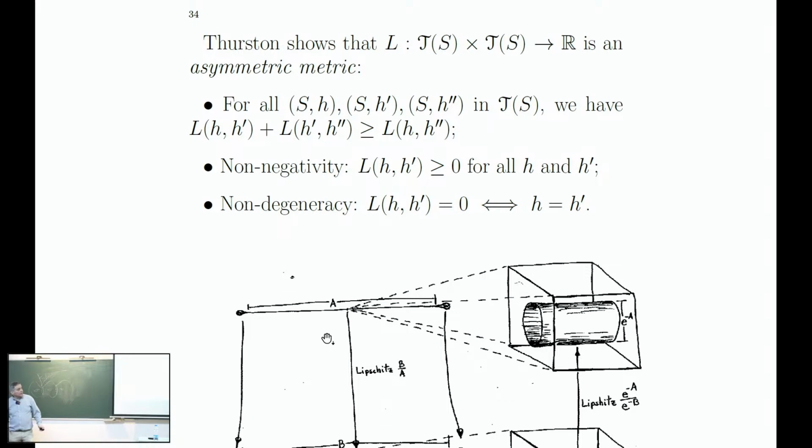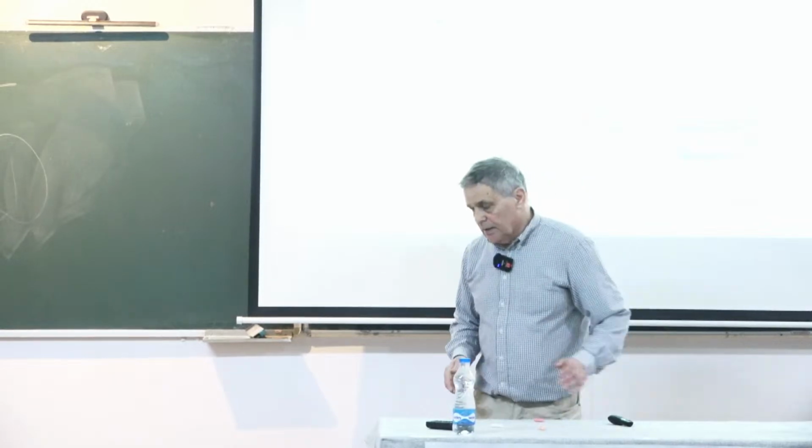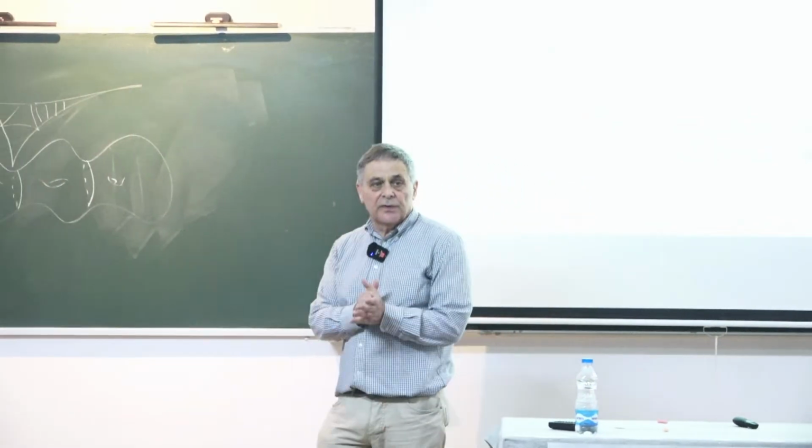And in his paper, he shows that this function L is a metric, except that it does not satisfy the symmetry axiom. We talked about such metrics, non-symmetric metrics. These metrics now appear in geometry.